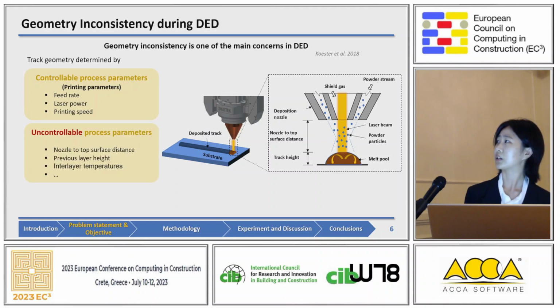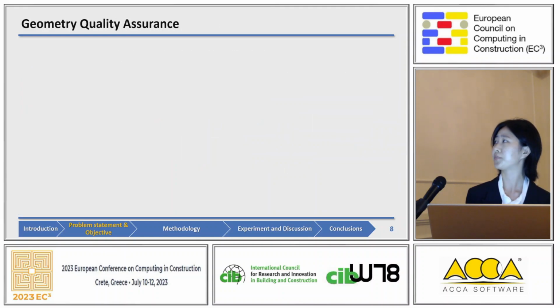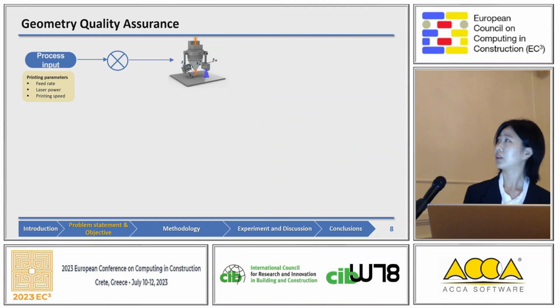And it's also determined by the uncontrollable process parameters, like the nozzle to the top surface distance, the previous layer height, and inner layer temperature. And because there are uncontrollable process parameters, the track geometry often deviates from the design value, even when constant printing parameters are used. So geometry quality assurance during the printing process is needed.